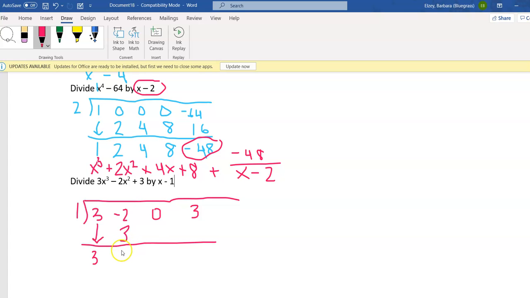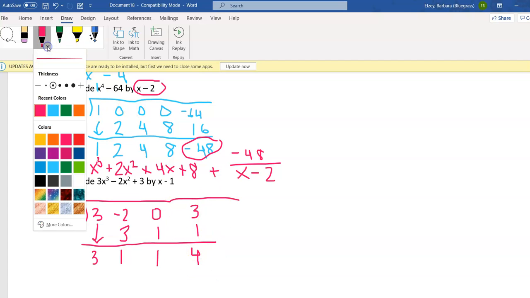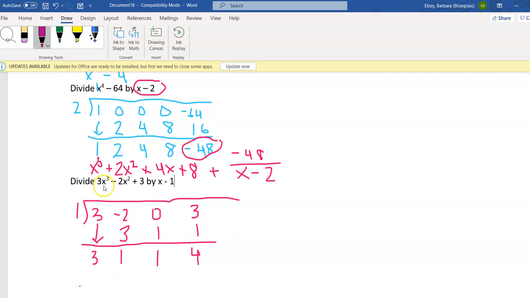Add the column, we get 1. Now let's multiply, add again. 1 times 1 is 1. Add the column. And let's multiply, add again. 1 times 1 is 1. Add the column. Give 4. So we again have a remainder, so we'll get ready to write it with a remainder. We started with an x to the third, so this is going to be an x squared.